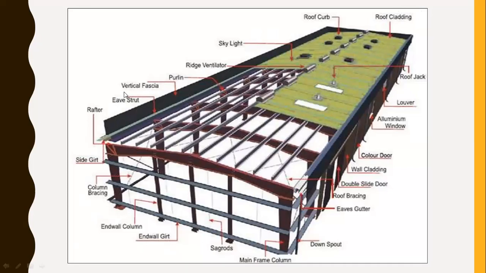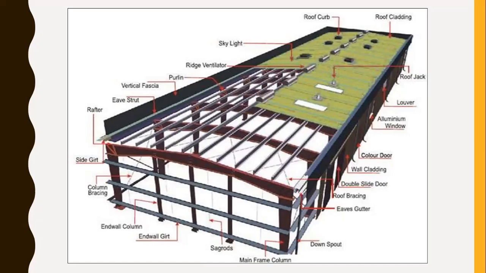In this type of structure, these are all steel structures, right? And different types of parts are given. We study this industrial building in detail in this second chapter, right?